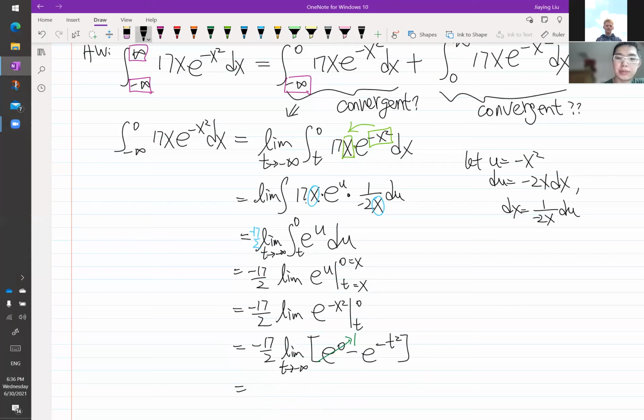Let me take that back because I have a 1 there, not a 0. So we just have to evaluate the limit directly then. So that's a negative 17 over 2. I'm going to take negative infinity, replace t. So that's a 1 minus e to the negative of negative infinity squared.